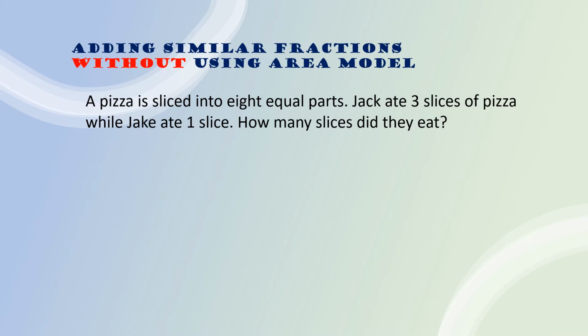There's also another way of adding similar fractions without using area models. So let's have the same problem. The given information is that it's divided into 8 equal parts, and then Jack ate 3 slices and Jake ate 1 slice, and we know that we're going to add.